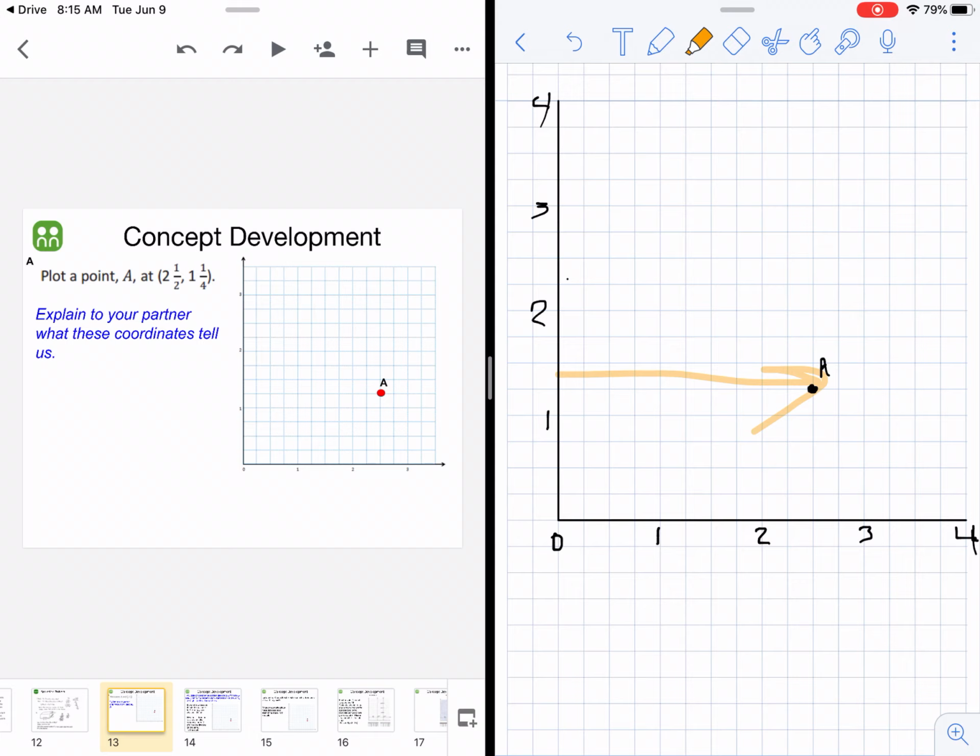My line isn't that straight. So the shortest distance to A is 1 1/4 units from the x-axis, and the shortest distance from the y-axis to A is 2.5.